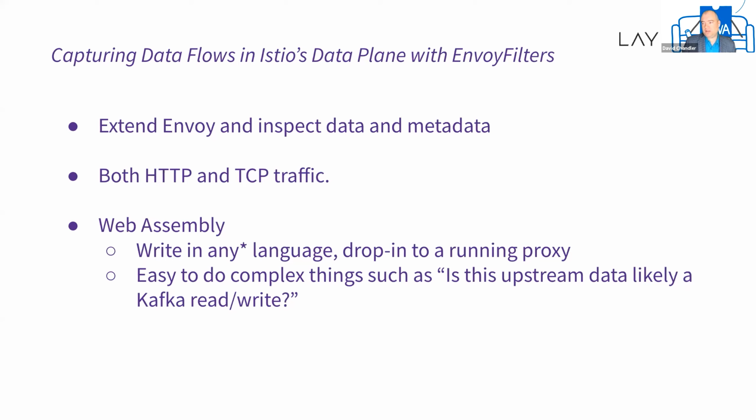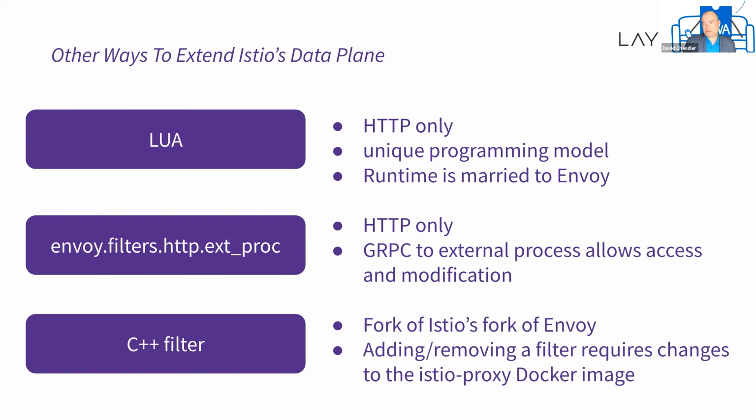Next slide. So I mentioned there are native C++ Envoy filters, but then you're maintaining an eternal fork of the fork of Envoy that Istio uses for Istio proxy. And then how do you deploy that to production?